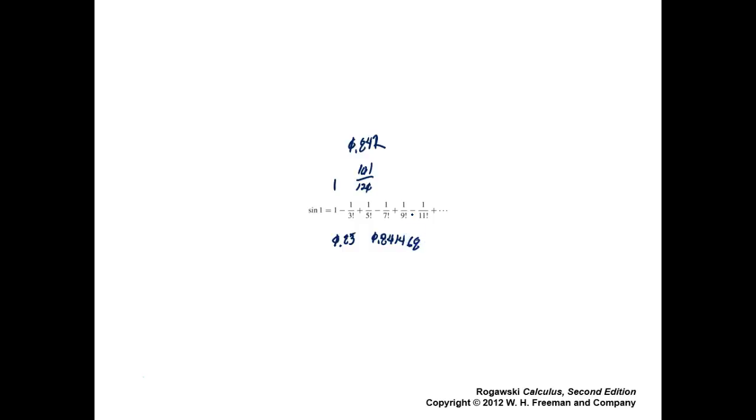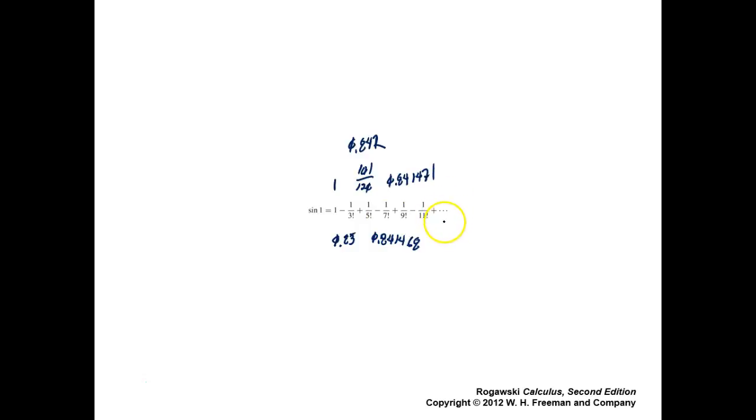Okay. Add 1 over 9 factorial. Okay. Look at that. We're good to 4 decimal places and almost the 5th.